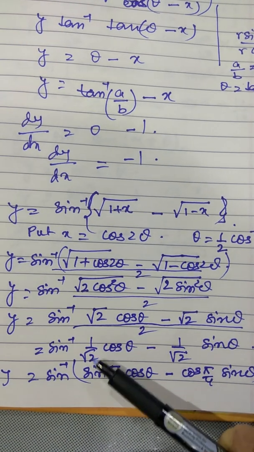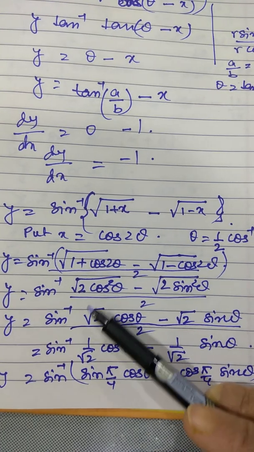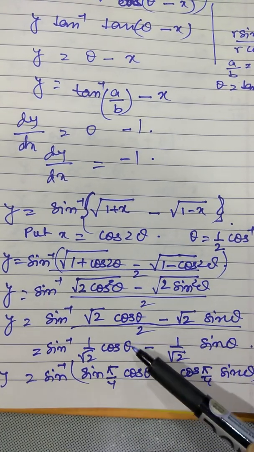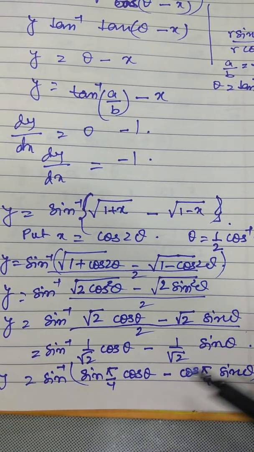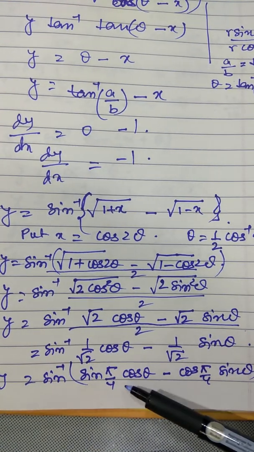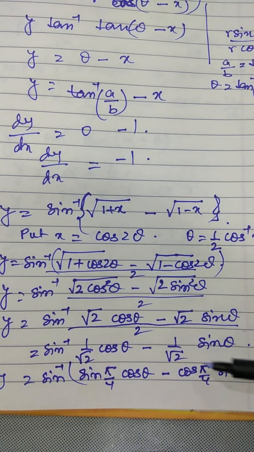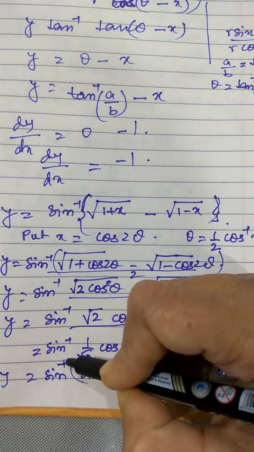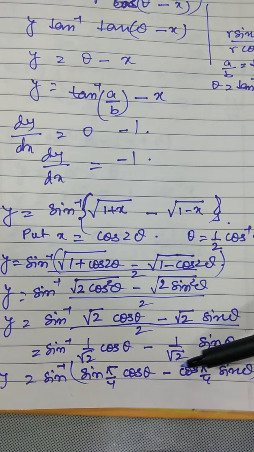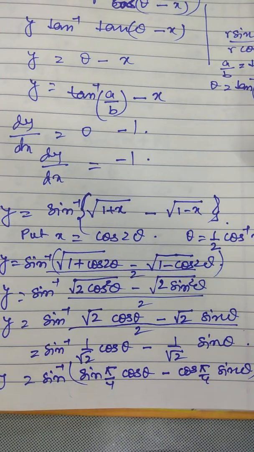So this is sin inverse of root 2 cos theta by 2 minus root 2 sin theta by 2. Root 2 upon 2 is 1 upon root 2, so 1 upon root 2 cos theta minus 1 upon root 2 sin theta. Put 1 upon root 2 as sin pi by 4 here and 1 upon root 2 as cos pi by 4 here. So this is sin inverse of sin a cos b minus cos a sin b, which becomes sin(a minus b).